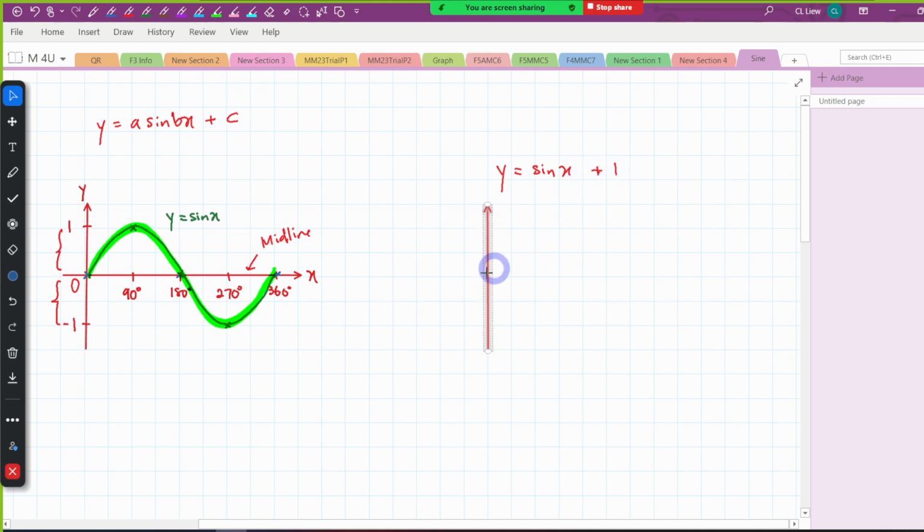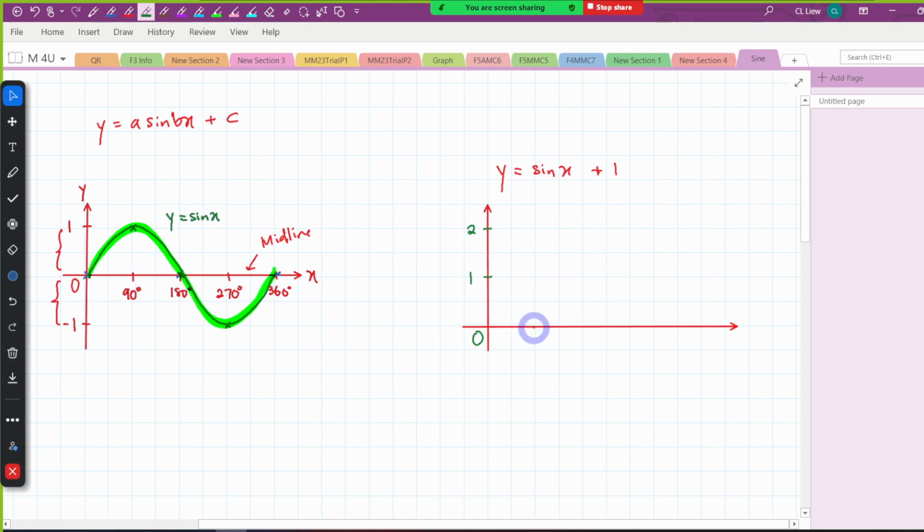This is positive 1. Let me write over here. Positive 1. This is the midline, and because the amplitude is 1, I'm going to add 1 for the maximum point, 2, and this 0 is for the minimum point. The period remains unchanged, so now I have 4 intervals, right?